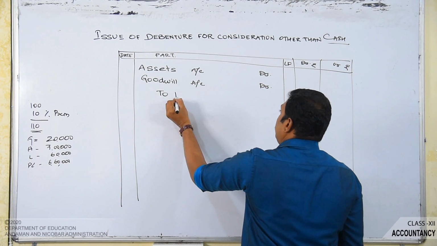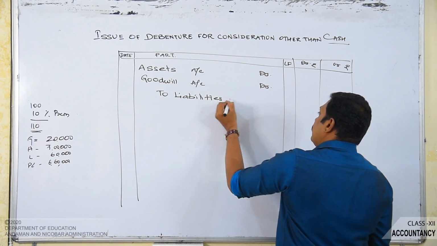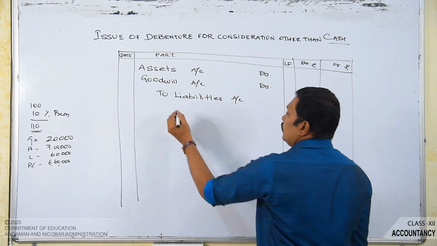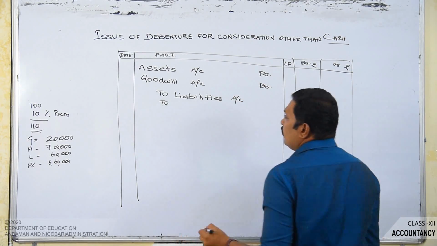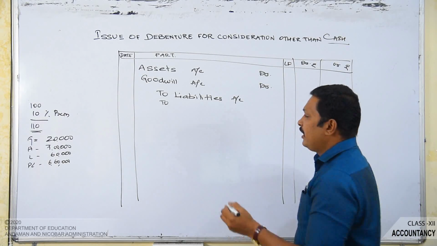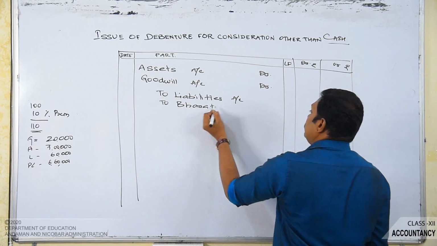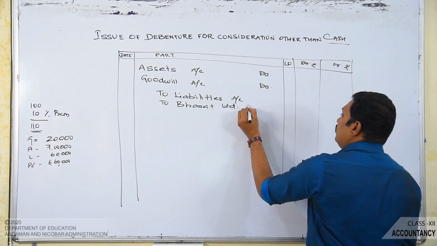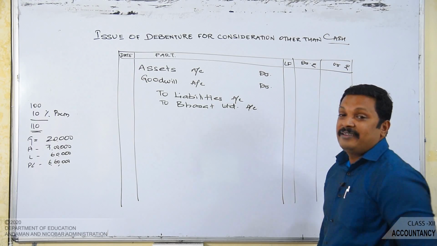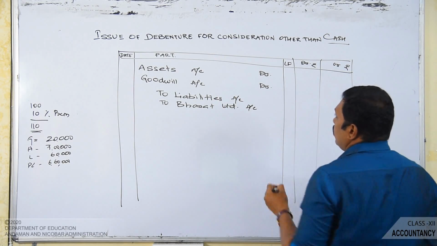Then you have to credit the liabilities. To liabilities account. And to whom are we purchasing from? We purchase the business of Bharat Limited, so we credit Bharat Limited account, because Bharat Limited is the giver. So write the amounts.